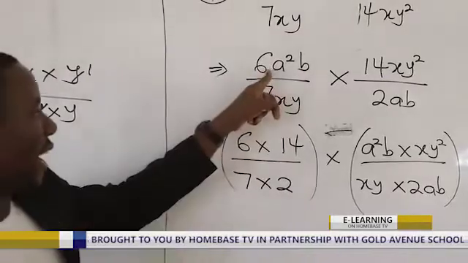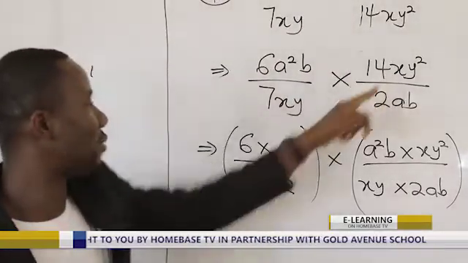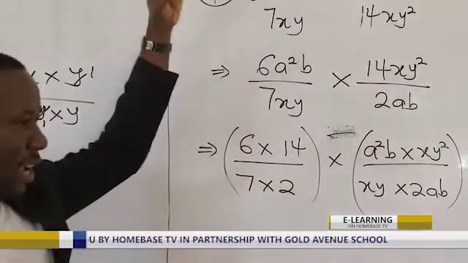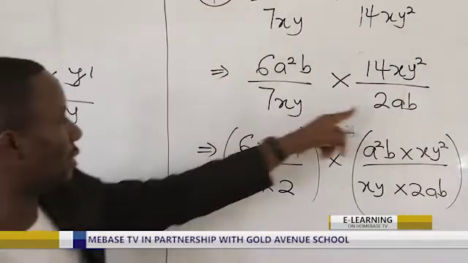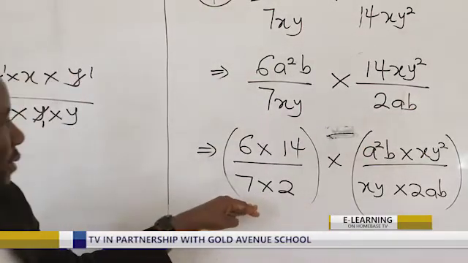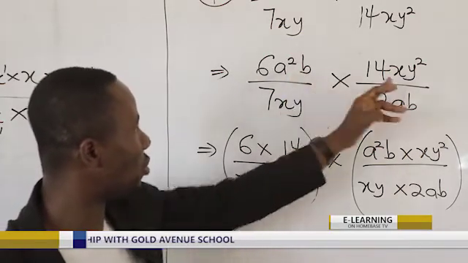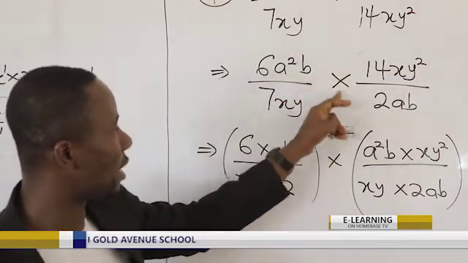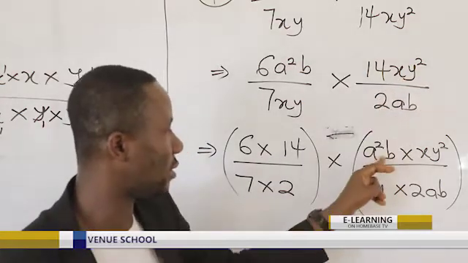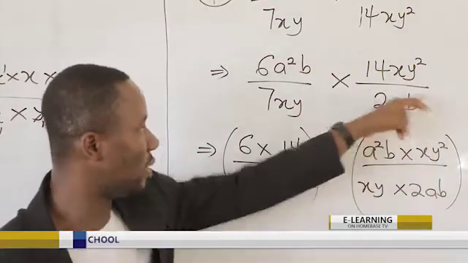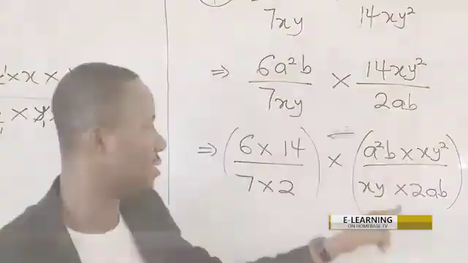So you see, I brought 6 and then 14 multiplying at the top level, 7 and 2 also multiplying at the down level. It is still multiplication. And then dealt with the variables too. We have a squared b times xy squared, also dividing xy times ab.